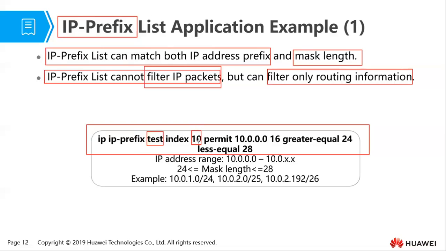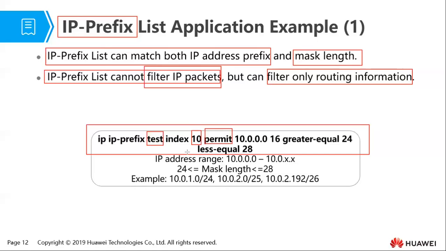IP prefixes are important because they are processed in ascending order of this index. So it will look at index 10, then index 20, then index 30, then index 40, and so forth. The other thing that can follow is a permit or deny.